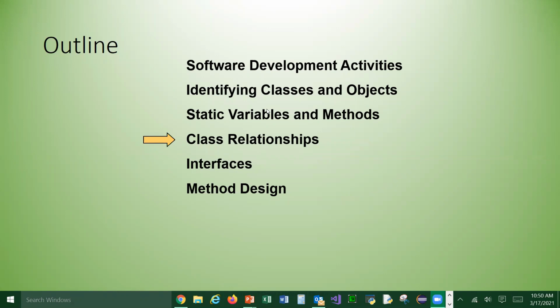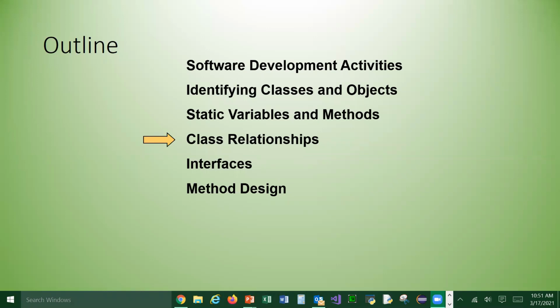Now we discussed that, and we talked about static variable. Let's look, and I said your design is really identify the classes and objects and their responsibilities and establish their relationships. So that's what that is. You need to identify the classes and objects, identify their responsibilities, and then you need to establish the relationships among the classes.